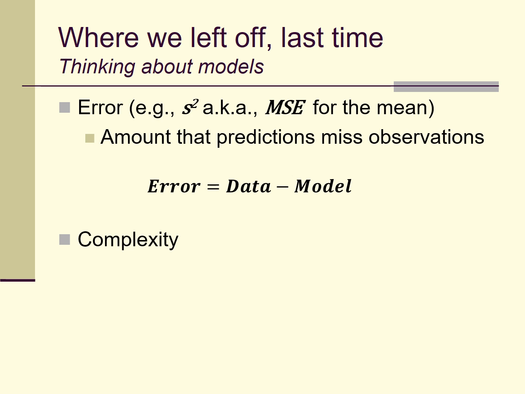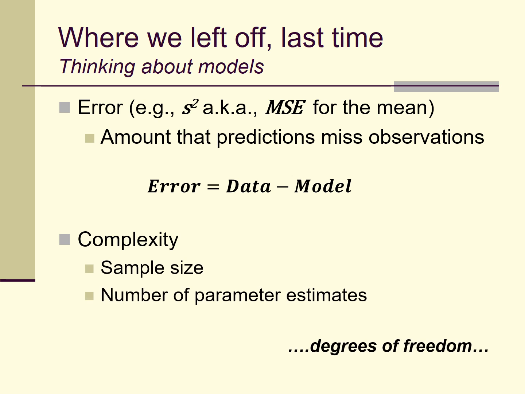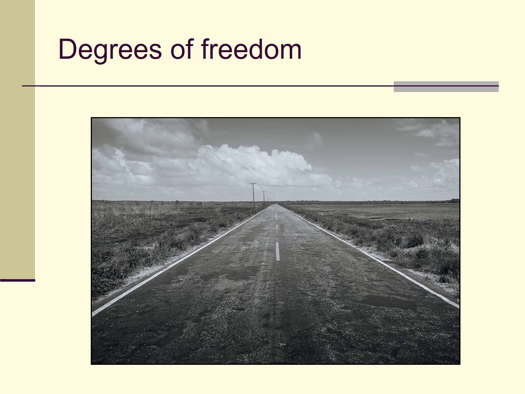Another thing we think about is their complexity, especially their relative complexity if we have two or more models that we're comparing to one another. Complexity has to do with things like the size of the sample, the number of parameter estimates in a model, and this kind of mysterious idea of degrees of freedom. And that's what I want to get to right now.